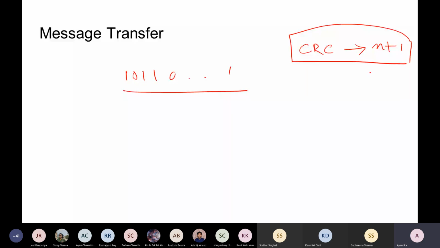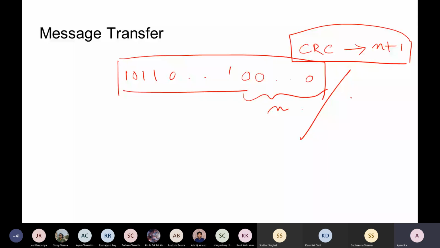With that value, you append n zeros to your actual message, the actual data bits, and then you divide this whole thing by the CRC polynomial.